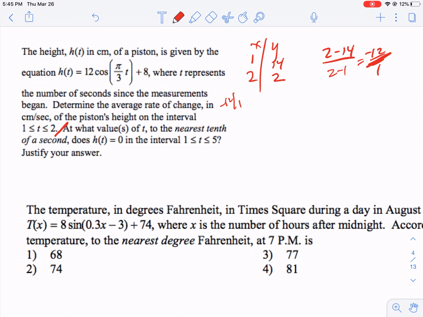At what value or values of t to the nearest tenth of a second does h of t equal 0? Whew. Alright, well, honestly, I'm not too sure about this one.